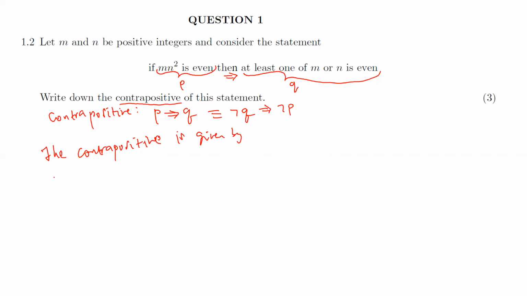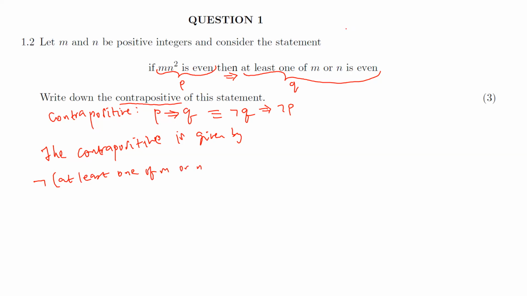In view of this statement here, you'll say not at least one of m or n.